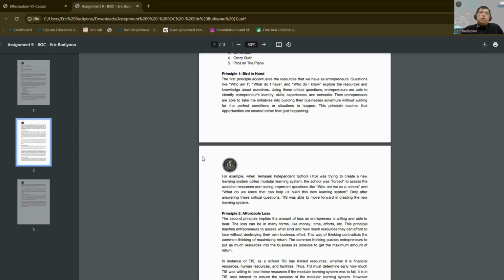Okay, so in this principle, Temasek Independent School, especially the secondary department, needs to assess what kind of resources do we have. So we basically have a very competent team of teachers that know the Pearson Edexcel curriculum very well. And then we also have connection with Pearson Edexcel itself.